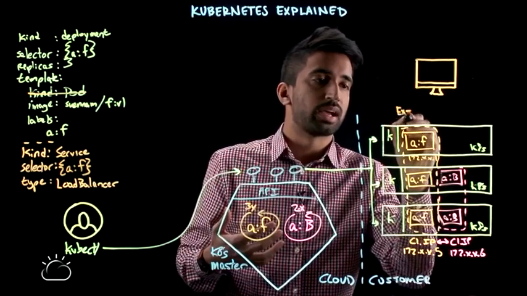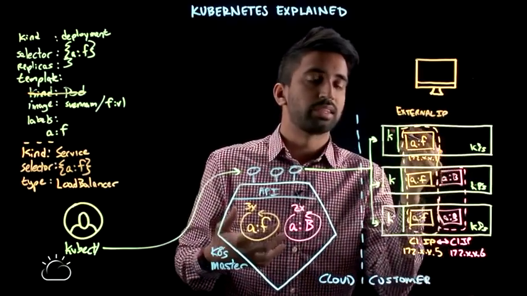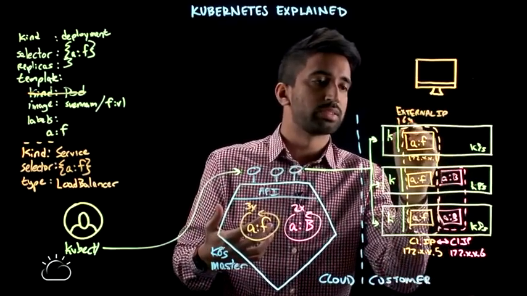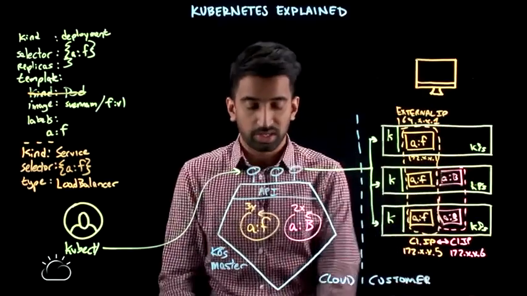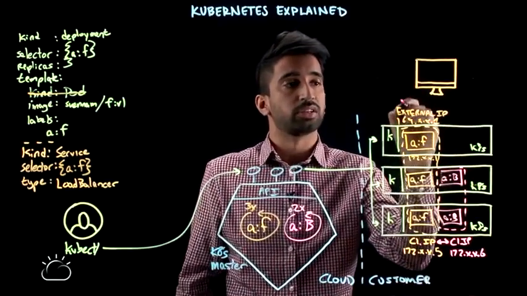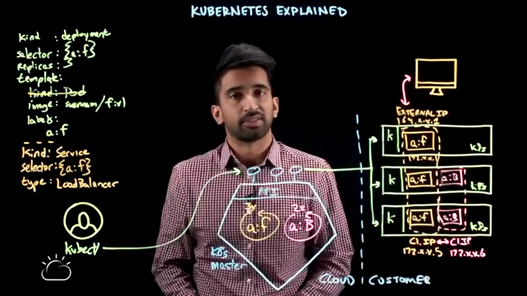So say external. And this might be, let's say a 169 address. And now what we can do is actually expose that directly to end users so that they can access that front end by directly using that service.